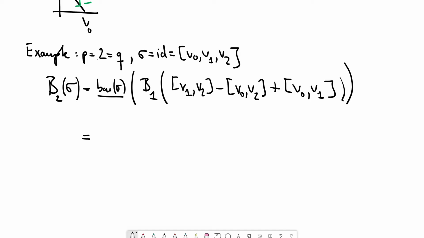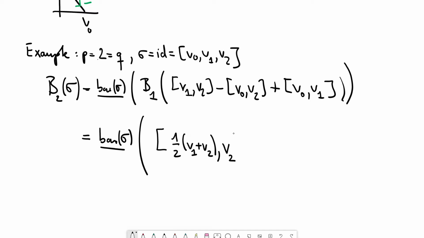So the barycenter, and now B_1 applied to that gives, I have to think, so this would be 1/2 of V1 plus V2, V2 minus 1/2 V1 plus V2, V1.